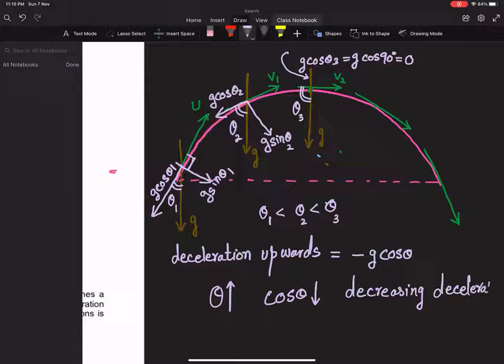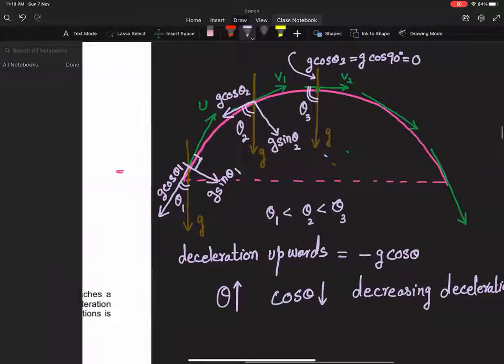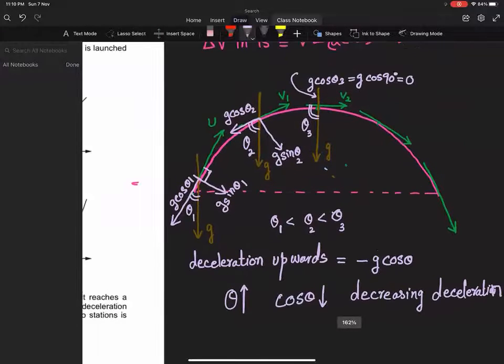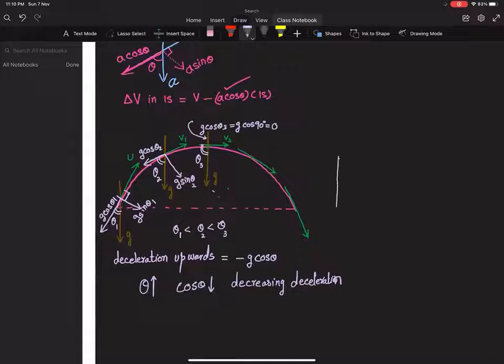If we want to represent the speed for the upwards motion, because in the upwards motion we have a decreasing deceleration, so the speed in the upwards motion, only for the upwards motion, if we draw a graph of speed versus time, what will we get?